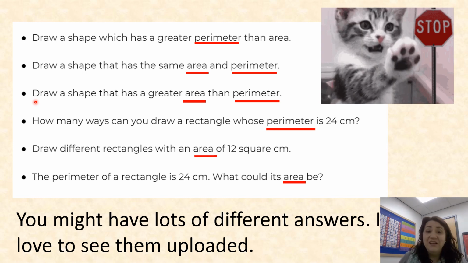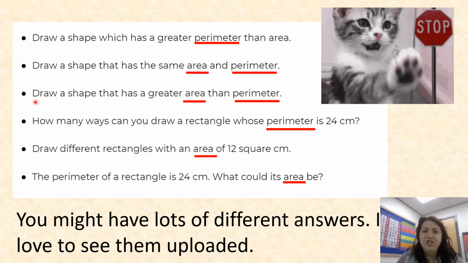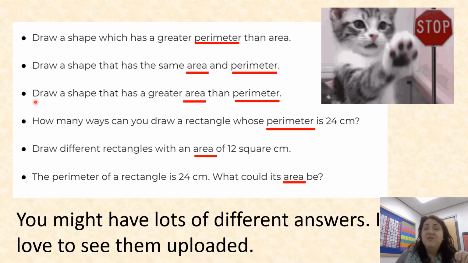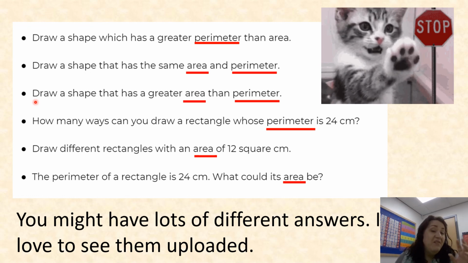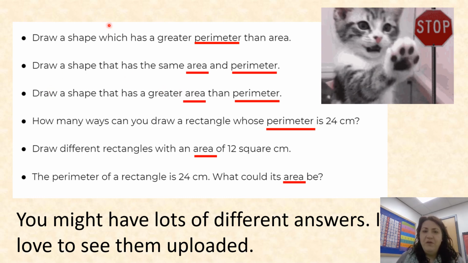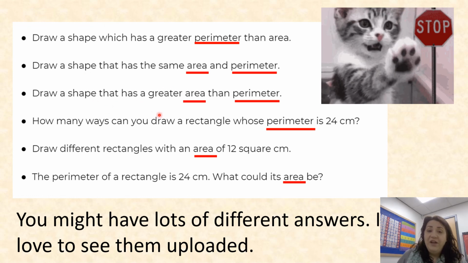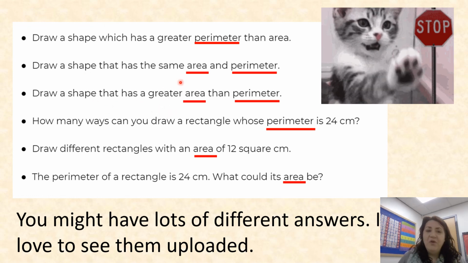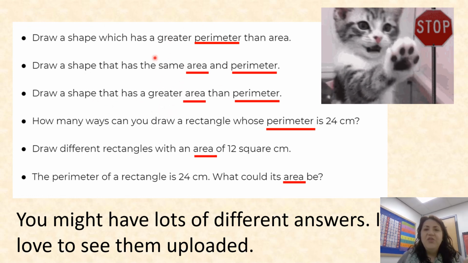Okay, think back to the two problems we've just looked at, where the perimeter is bigger, so maybe a perimeter of 24 and an area of 20 centimetres squared, something like that. Then I want one with the same area and perimeter, and then I want one where the area is greater than the perimeter. Okay, so think back to the last question we did.